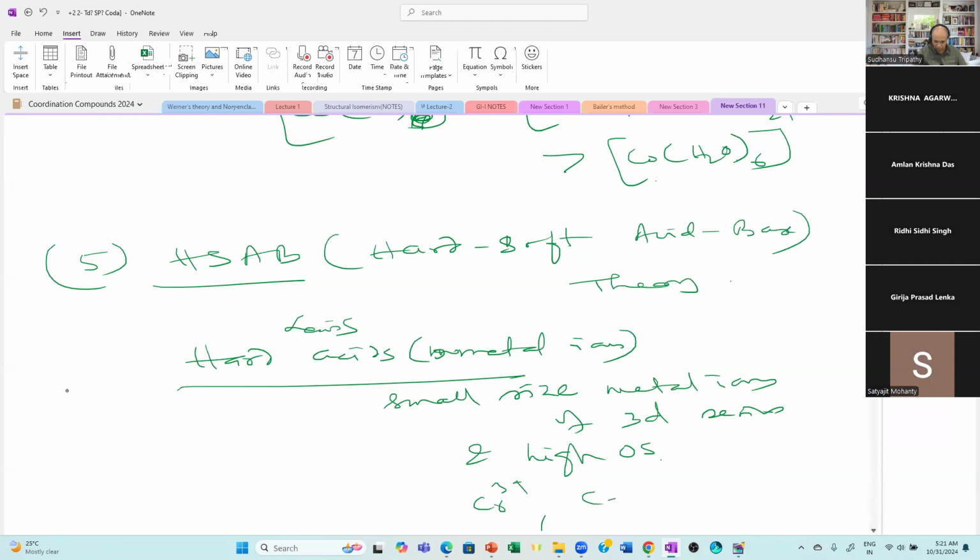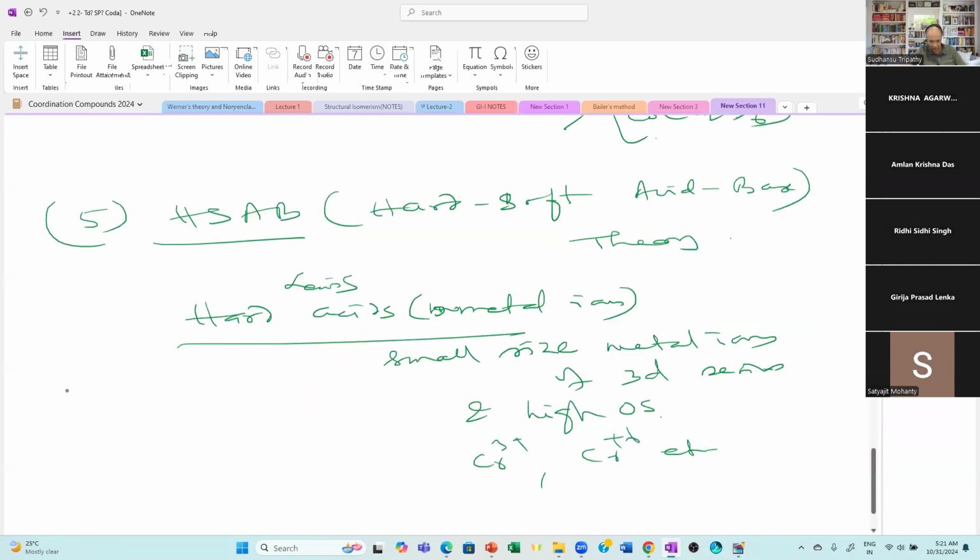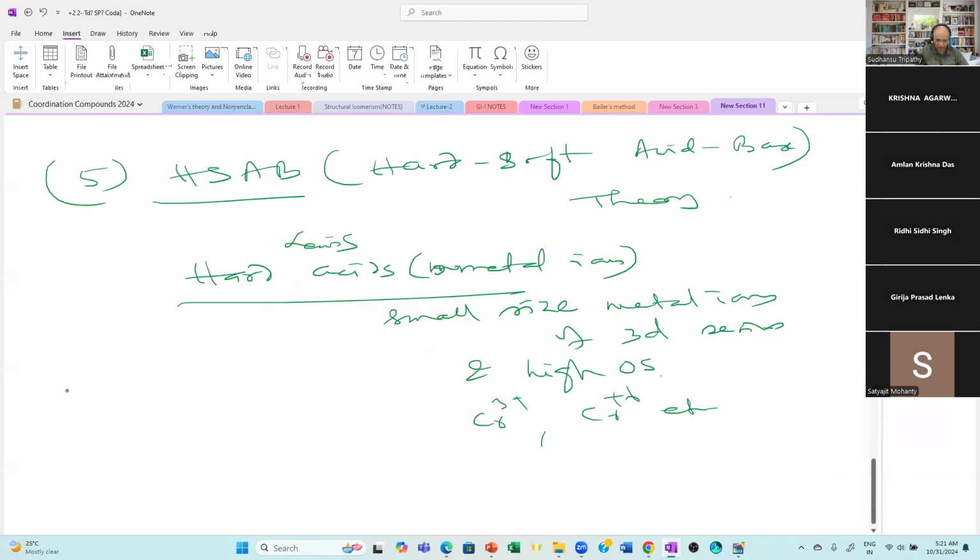Chromium 3+, chromium 6+, etc. 3d: manganese 4+, 6+. These are hard acids.